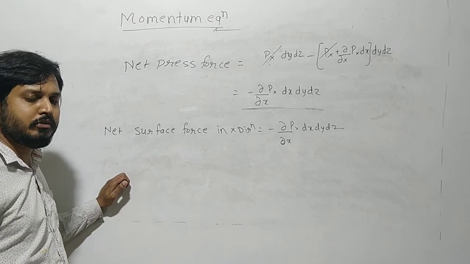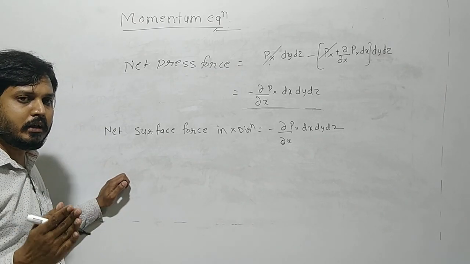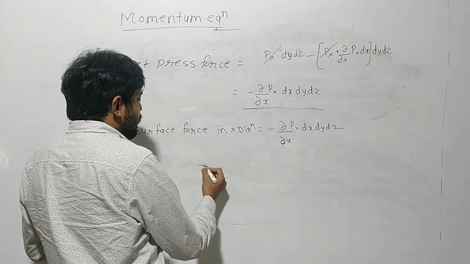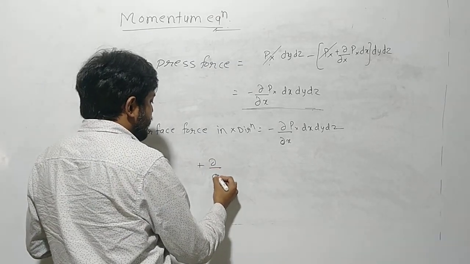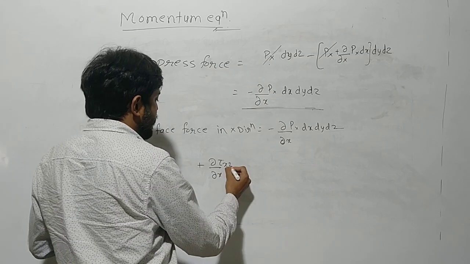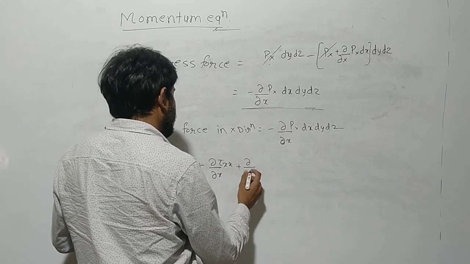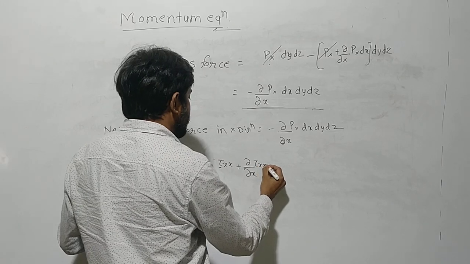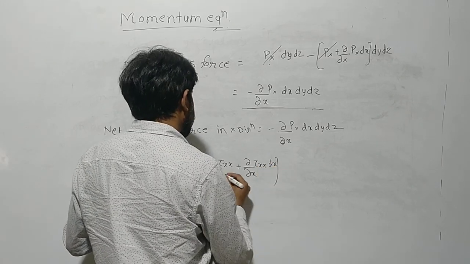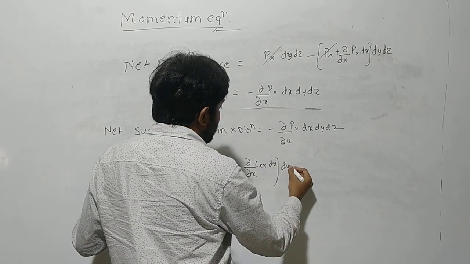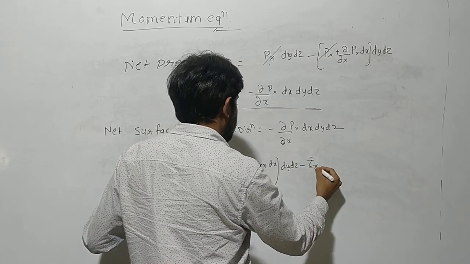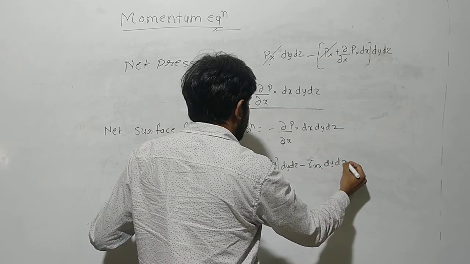So viscous forces will include tau xx, tau yx, tau zx. So how will I write this? Del by del x of tau xx, plus del by del x of tau xx dx, dy dz, minus tau xx dy dz.